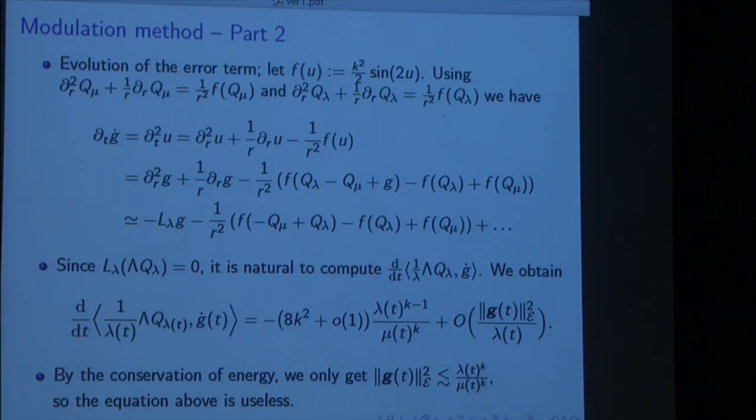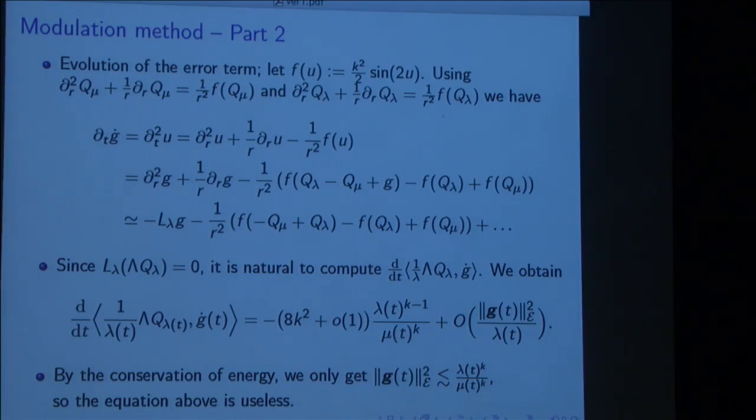What is specific is that we can get a bound from G on G_t squared, just from the conservation of energy, because I'm looking at solutions which have energy 8kπ. When I do a Taylor expansion of the energy, this is a computation of the Taylor expansion of second order. This is what I get. But when I plug this into here, this is useless because this gives the same order of magnitude.